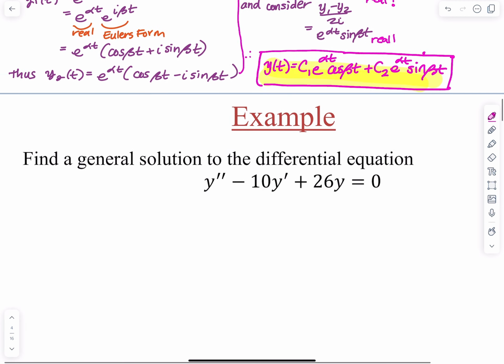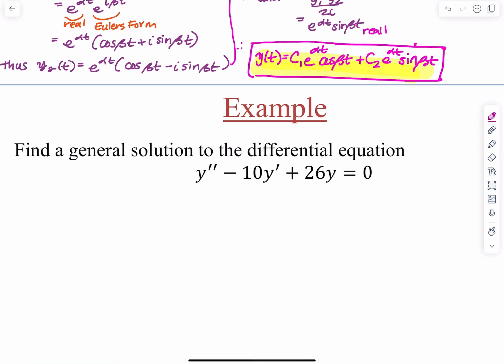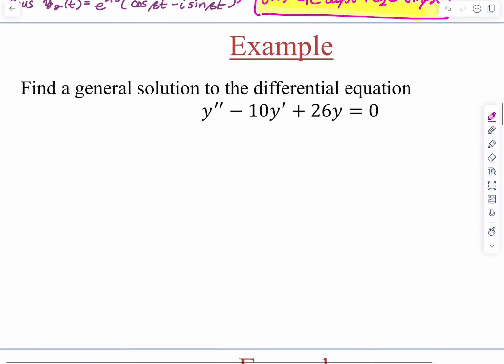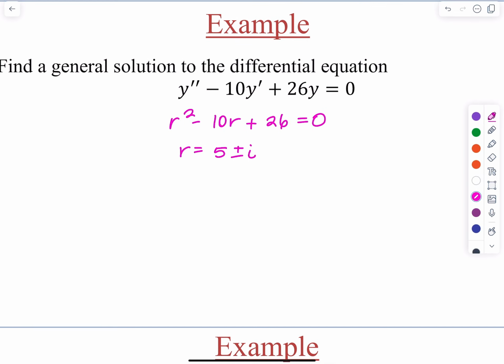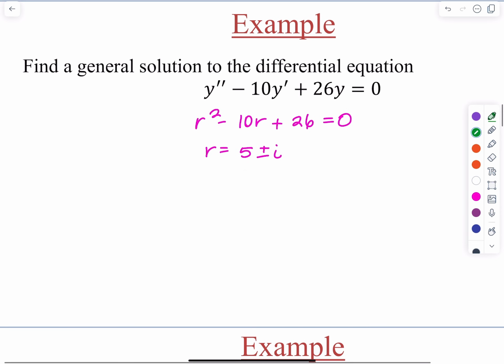Let's go ahead and look at our first example. Find a general solution to the differential equation shown below. So we come up with our auxiliary equation, which is going to be r squared minus 10r plus 26 equal to 0. And we have roots r equal to 5 plus or minus i. I'll show you what we have there.